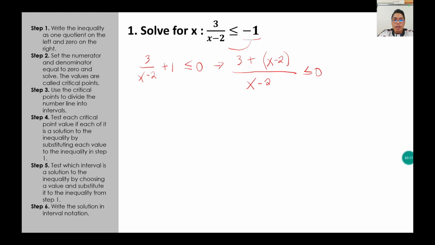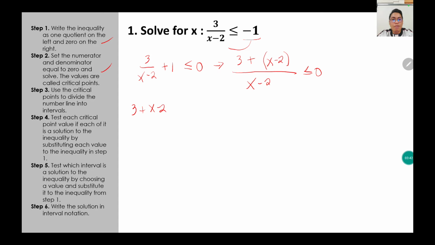So, we were now able to write the inequality into 1 quotient on the left side and 0 on the right side. So step 2, we're now on the step 2, we set the numerator and denominator equal to 0. So the numerator, pwede natin yan i-simplify pa, no?